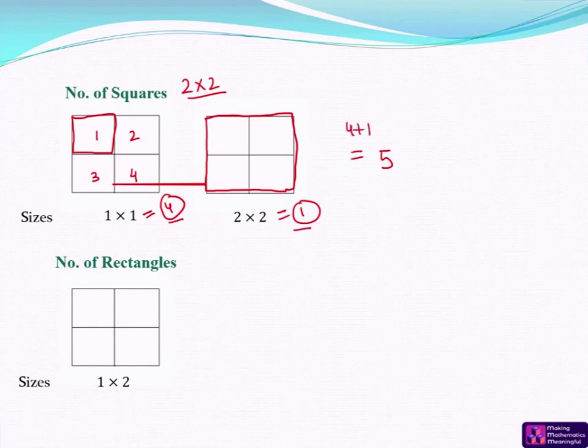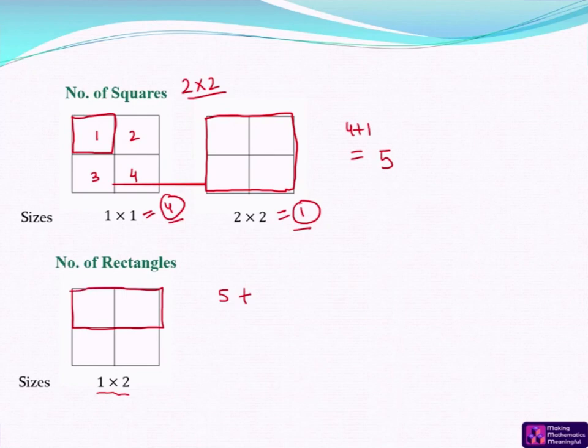Now, when we talk about the number of rectangles in this 2 cross 2 grid, we already know every square is a rectangle, so 5 squares are carried forward. Further, how many 1 cross 2 sized rectangles are here? Let's count that.